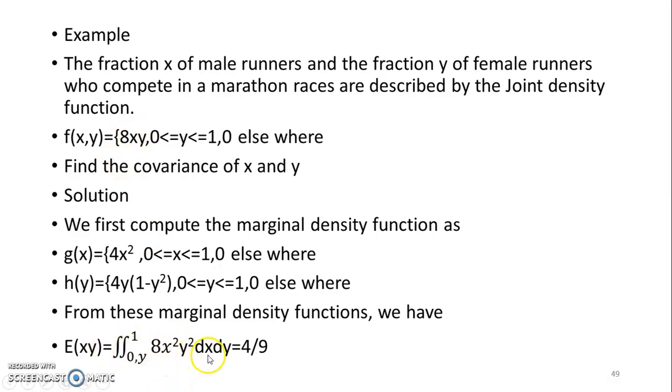That's why we get this. So if we integrate with respect to y and x, and we substitute these values as the interval, we shall get 4 out of 9.